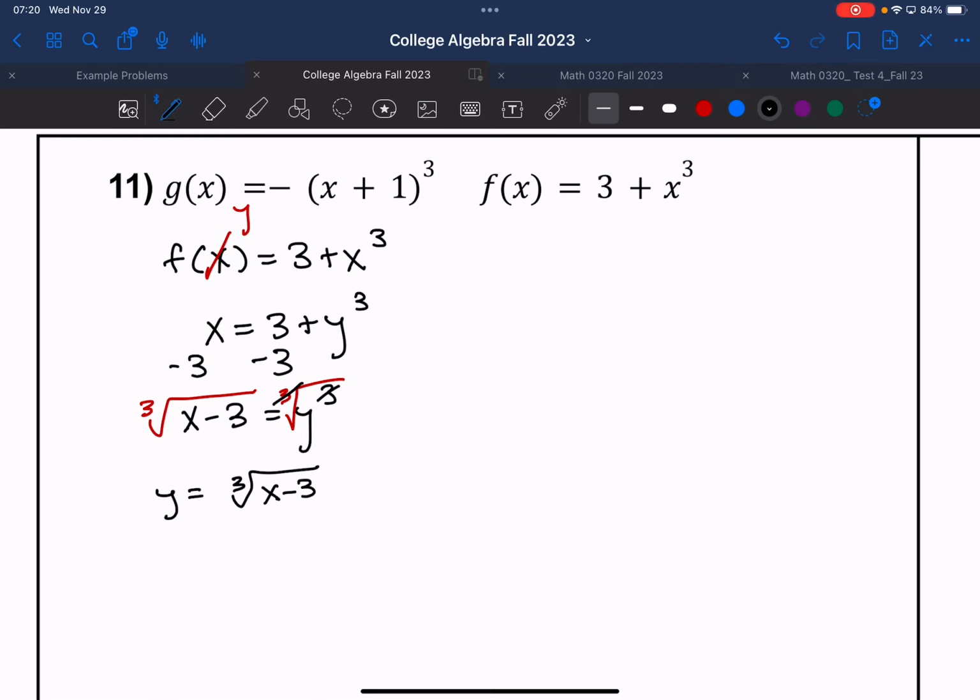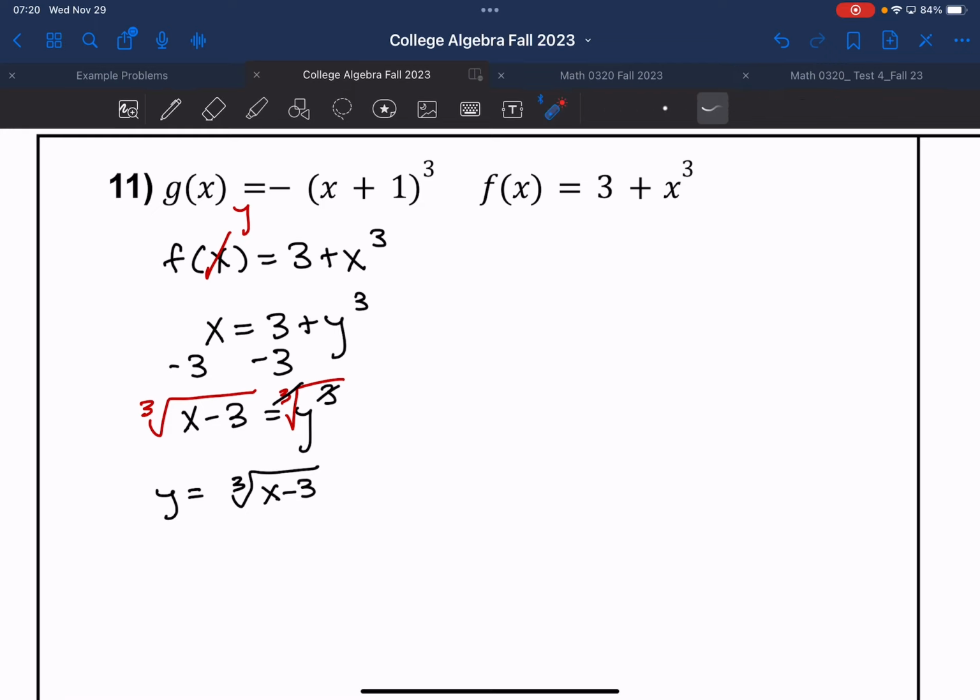Okay, can I simplify that in any way? What do you guys think? Yes or no? Can I simplify that? You should know, we went over it. No, we can't simplify it because of that x minus 3 right there.